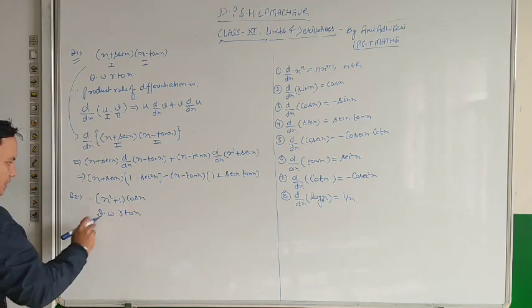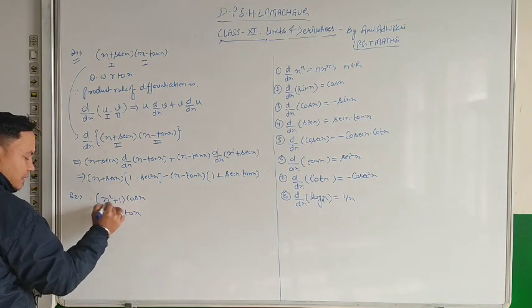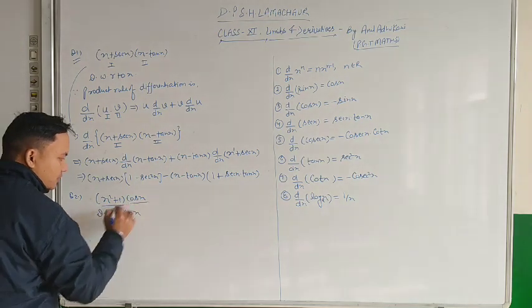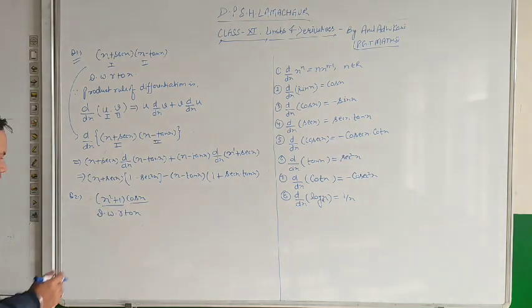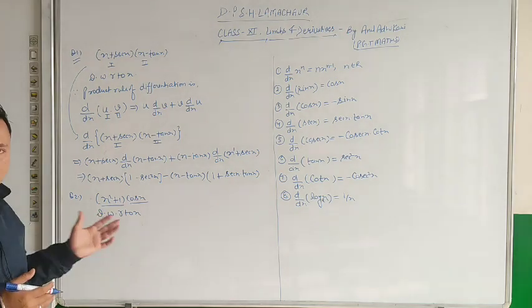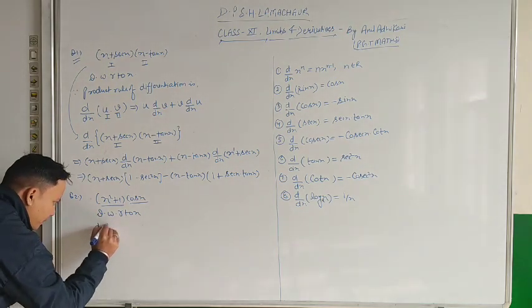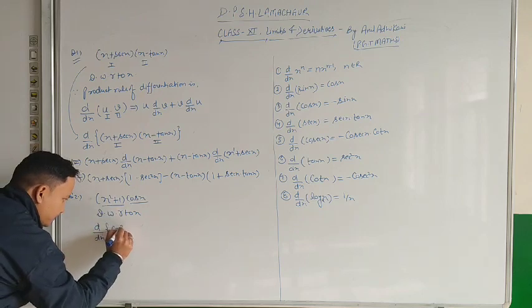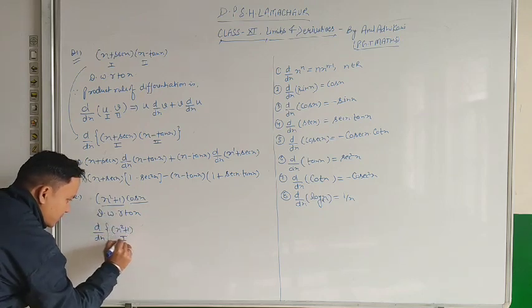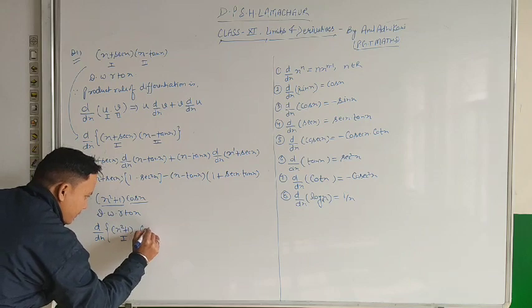Now you can see there are two functions. One is algebraic and the other is a trigonometric function. So we can classify them as first and second. Choice is yours. So d by dx of (x square plus 1), let it be the first function, and let cos x be the second function.